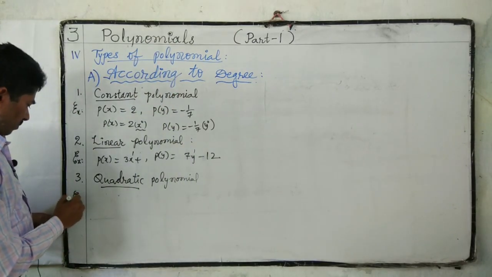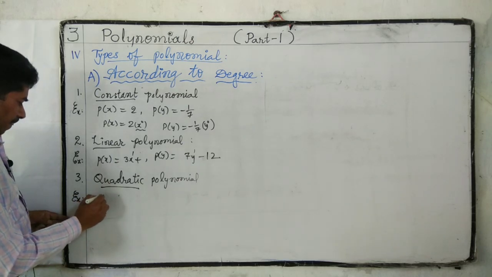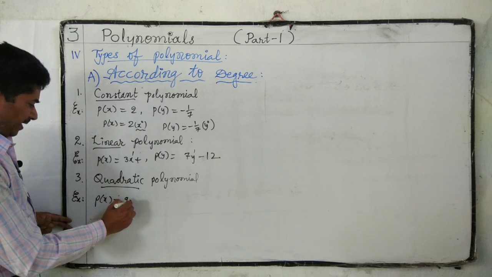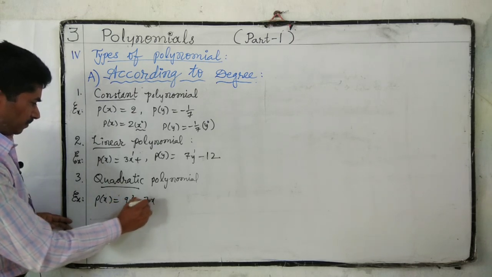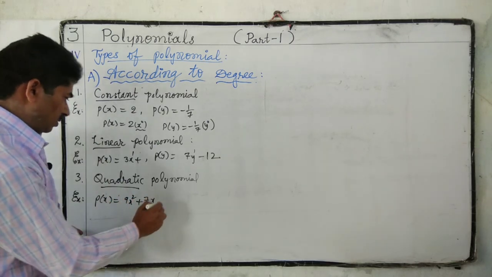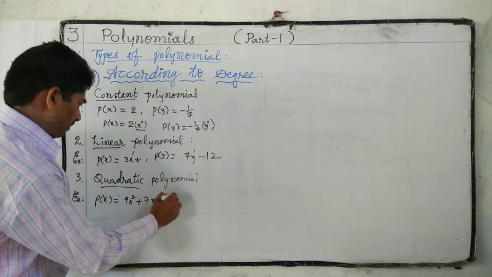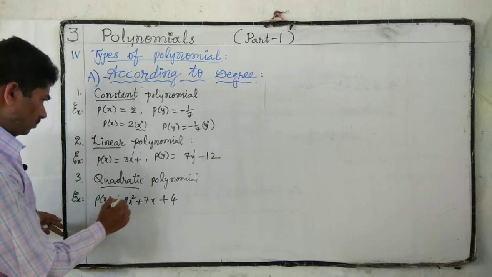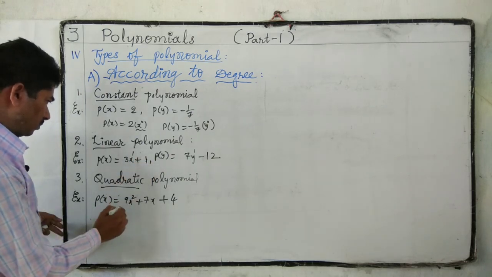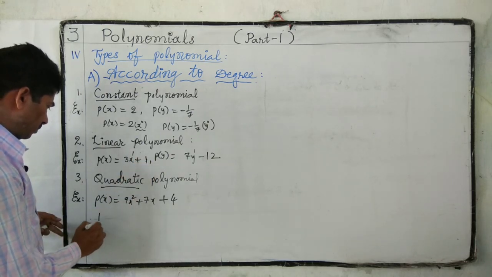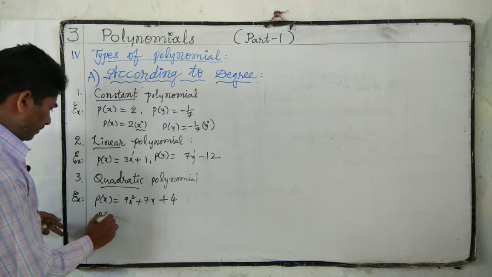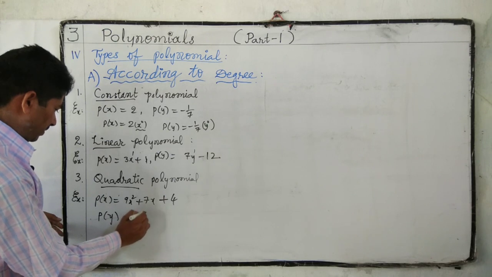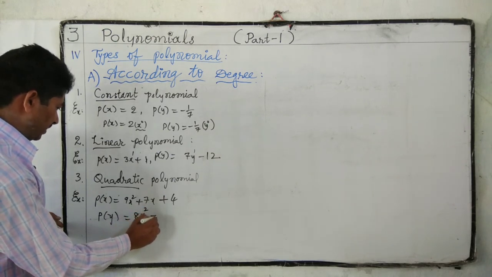For example, p of x is equal to 9x square plus 7x plus 4. p of y is equal to 8y square minus 2.